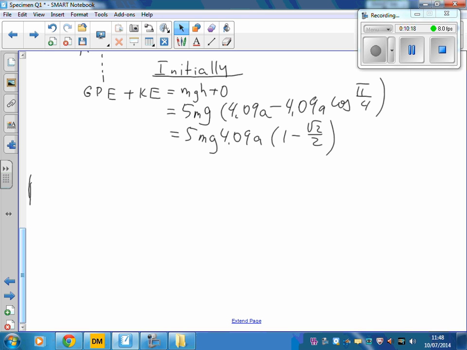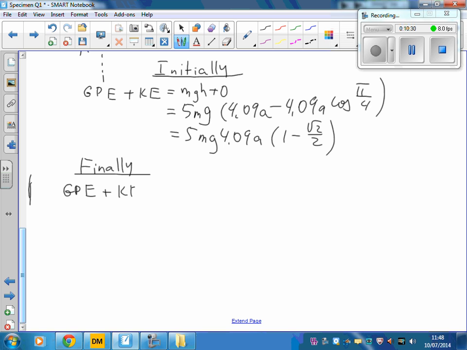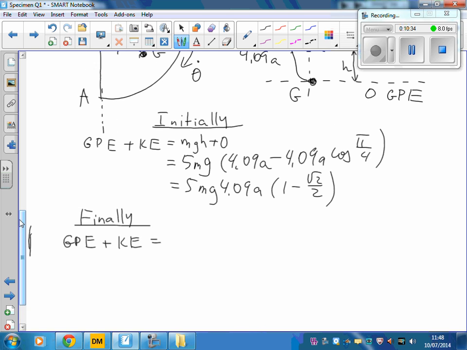Now, what do we have finally at the lowest point? Again, the total mechanical energy is GPE plus kinetic energy, but GPE is 0 at this point, and kinetic energy is given by half I theta dot squared.